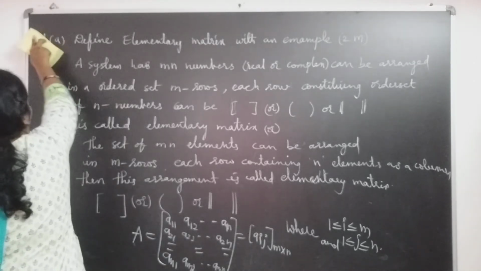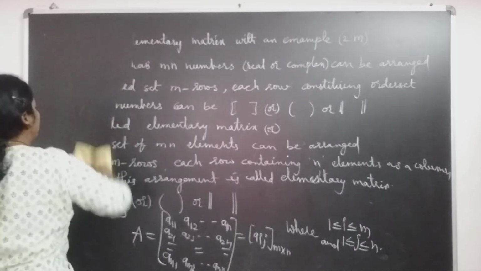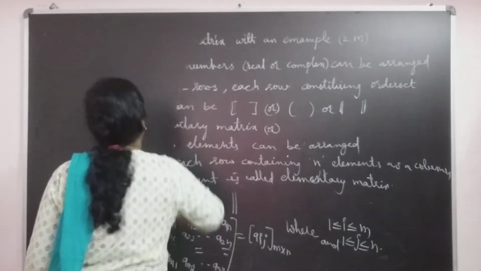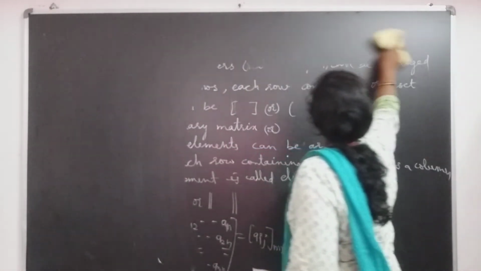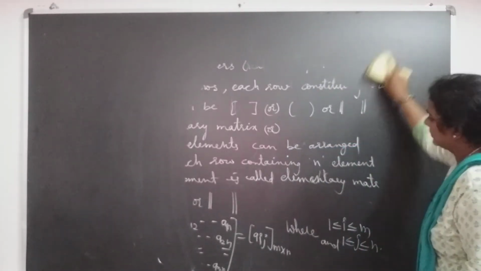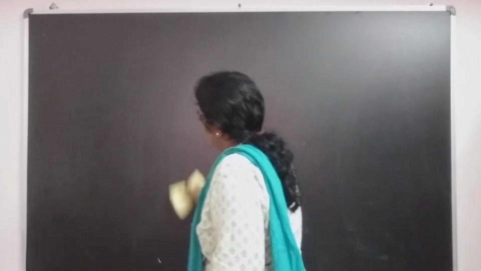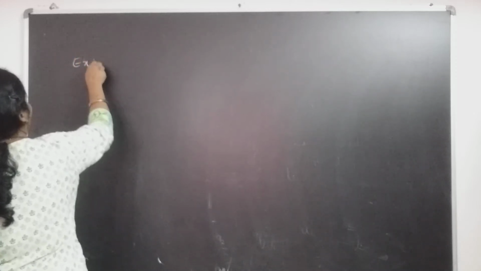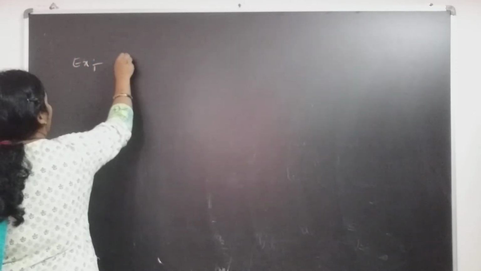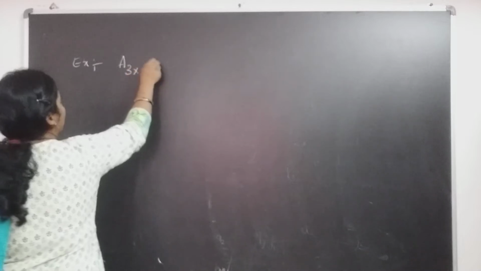Suppose we take one example. A is a 3 by 3 matrix.